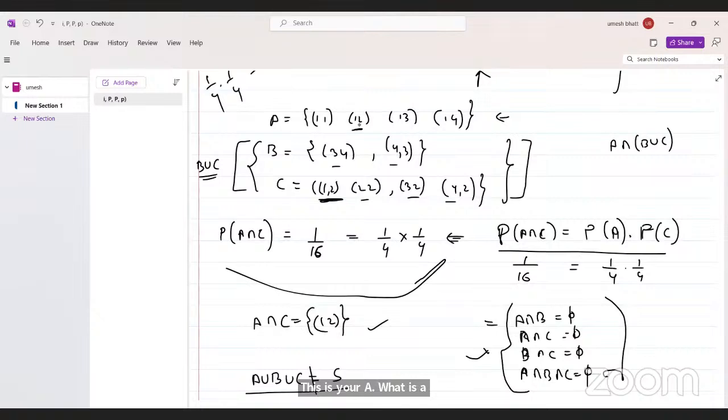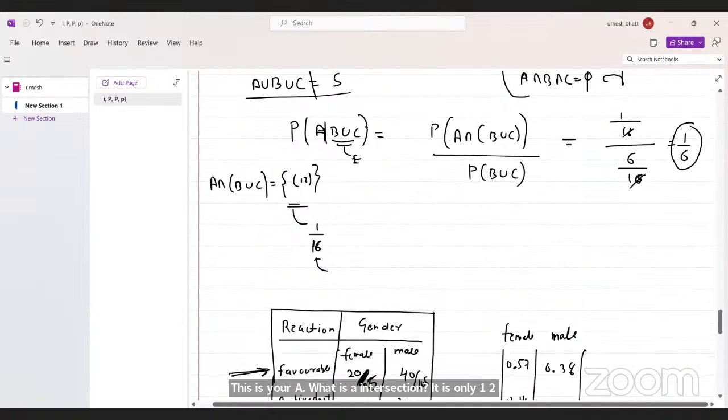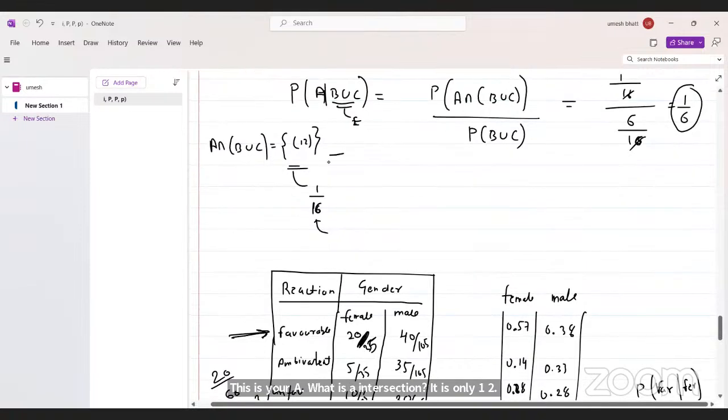It is only 1 2. So A intersection B union C contains only 1 2.